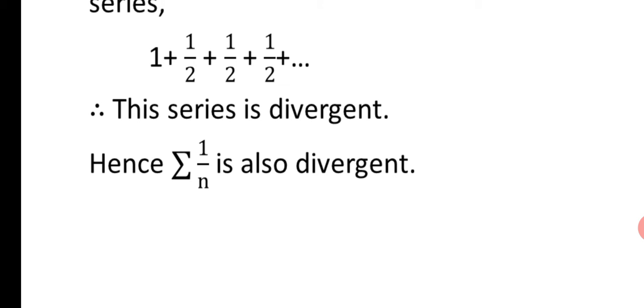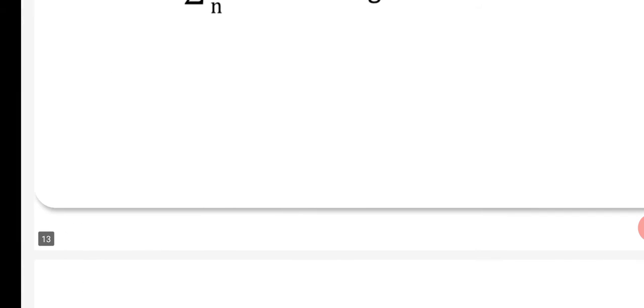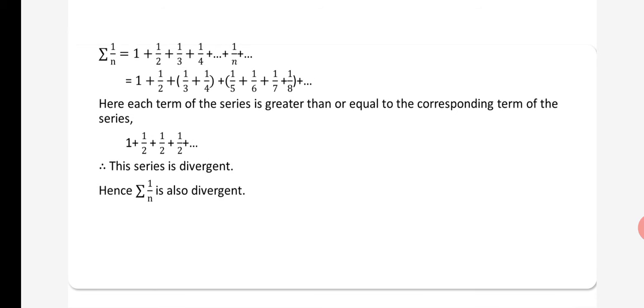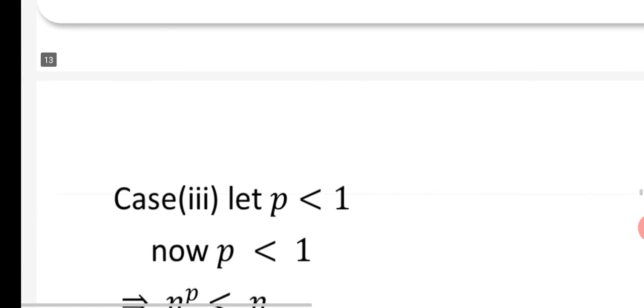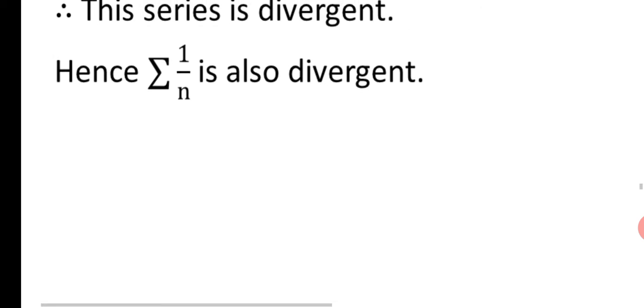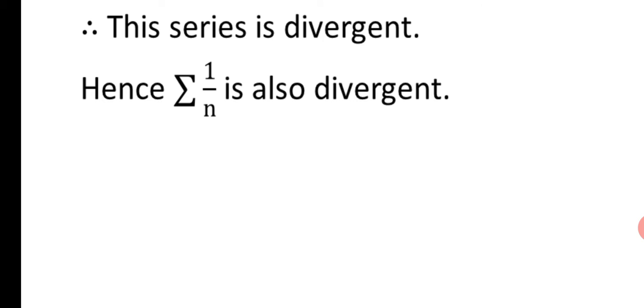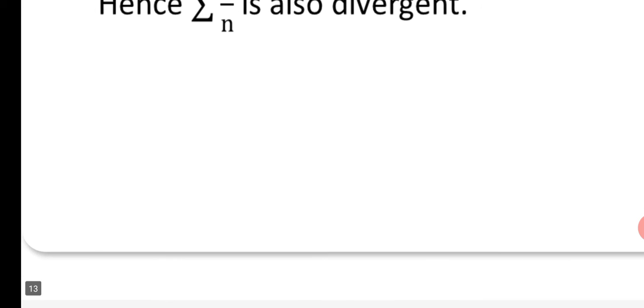Hence, summation 1 by n is also divergent by the comparison test. Therefore, the given series is divergent if p is equal to 1.